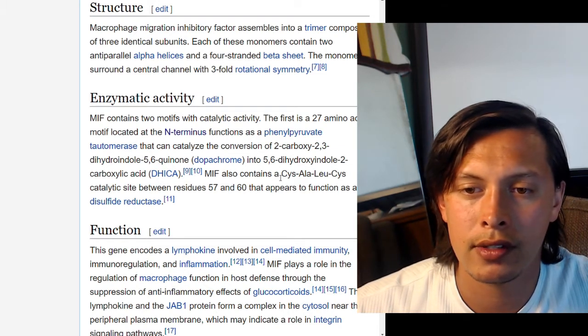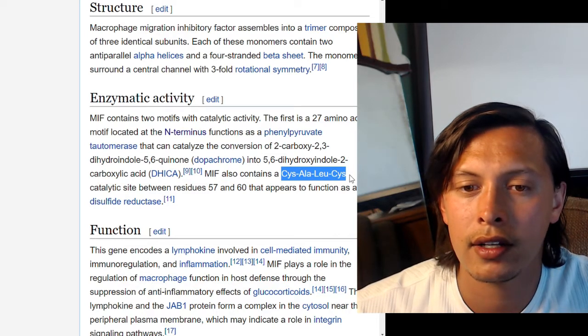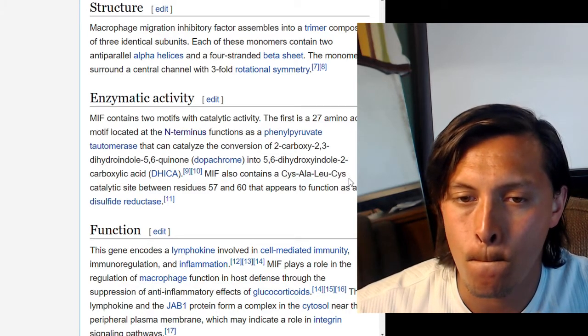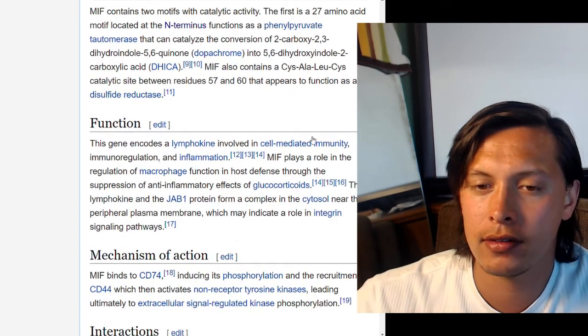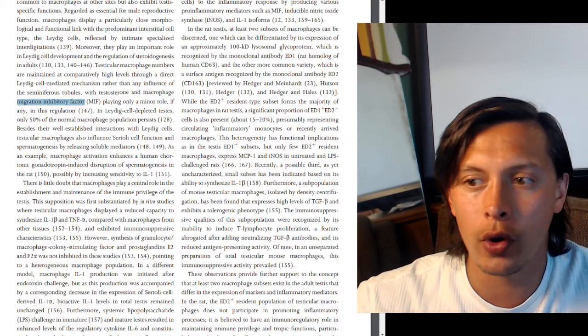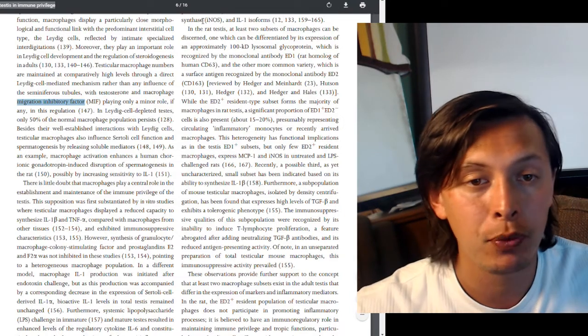MIF also contains cysteine, alanine, leucine, cysteine catalytic sites. Okay, I don't think there's anything that is worth going over too deeply. I think we can be a little bit superficial with that.